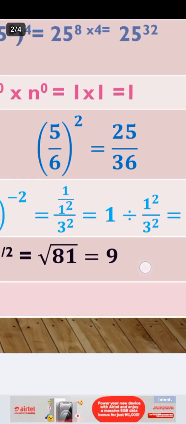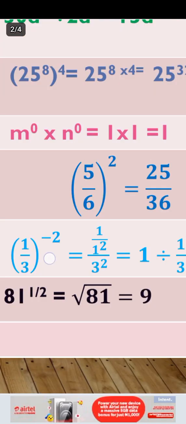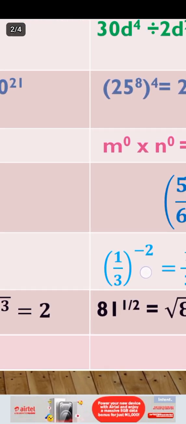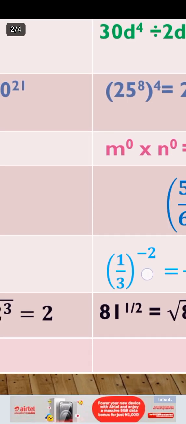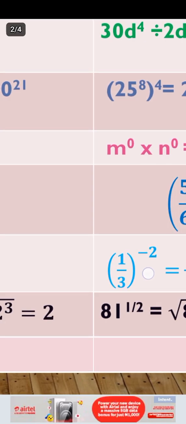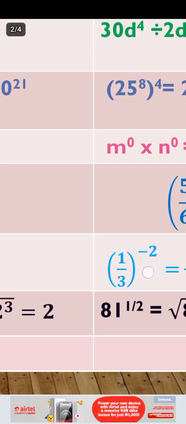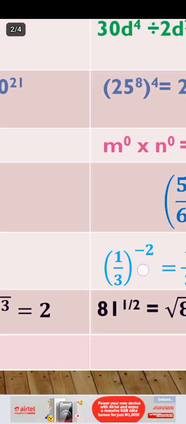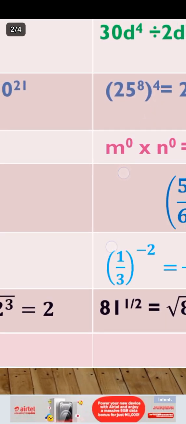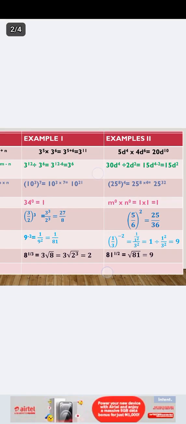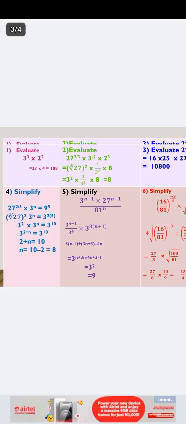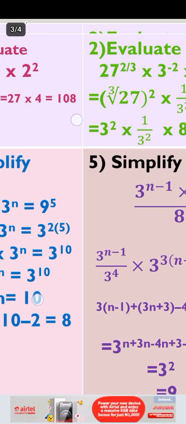So, we have been able to take examples of all the rules of indices and how to apply them, from the first rule of multiplication, division, quotient rule, brackets, negative indices, and fractional indices. So let us proceed to get more examples from each of these rules. Now we are going to take practical examples from each of these rules.